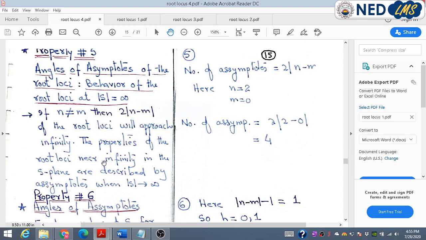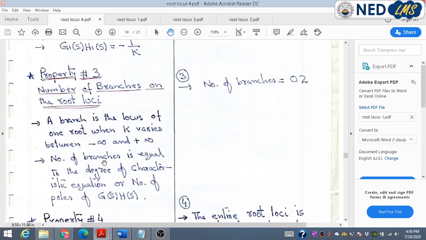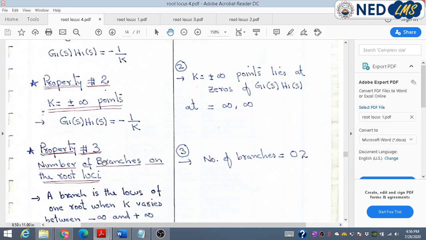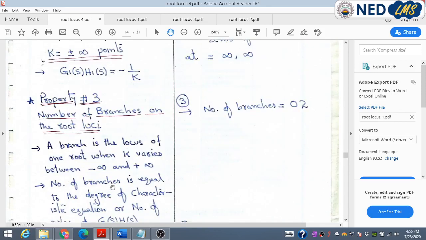This property has a connection with property number 2 and 3 as well. In property number 2, we have no definite place of the zero, and these zeros are at infinity. In property number 3, we have discussed that each branch has a start point at minus infinity and an end point at positive infinity, and the number of branches is equal to 2 here.